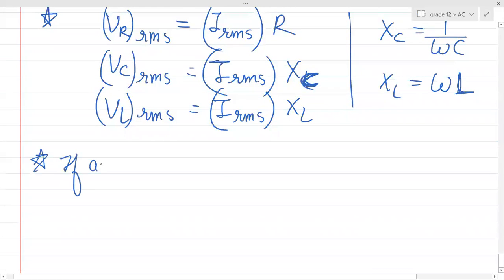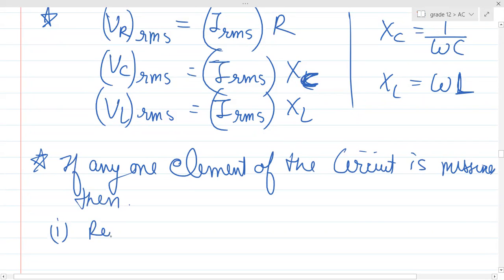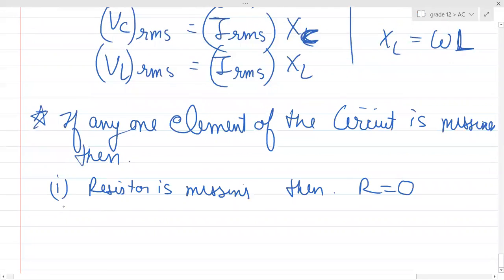If any one element of the circuit is missing, then first, if resistance is missing, it's easy. Then you'll just consider R as 0 and everything will be sorted.